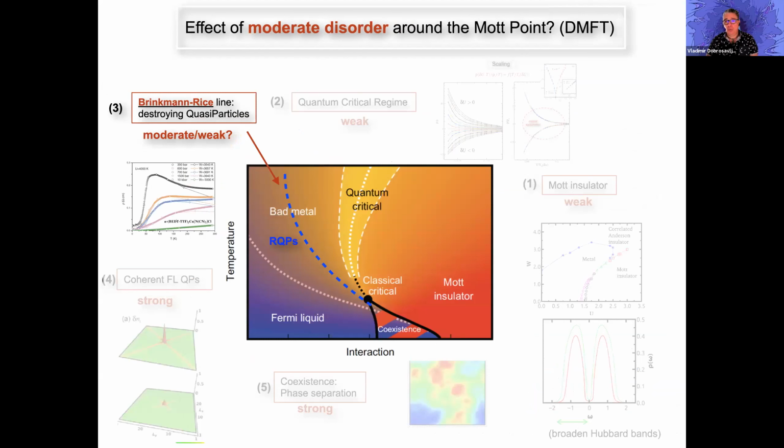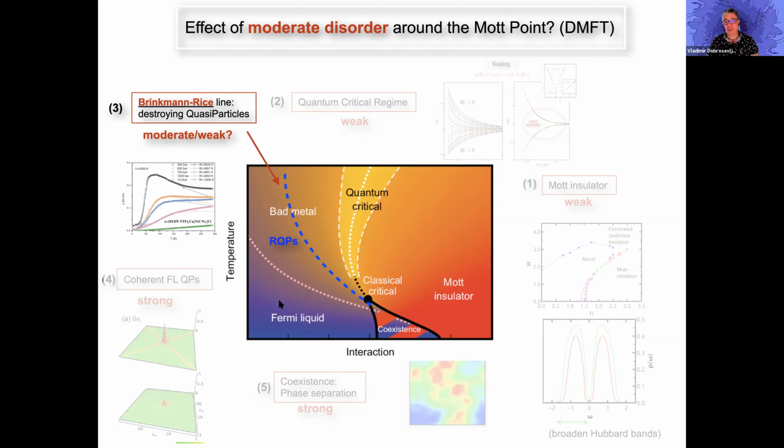Then we can go further, and we can reduce the interaction even further and start lowering the temperature, and then we are approaching now the metallic regime. Now, something very dramatic happens in this regime: at low temperature, on the metallic side of the Mott transition, we have heavy quasi-particles.